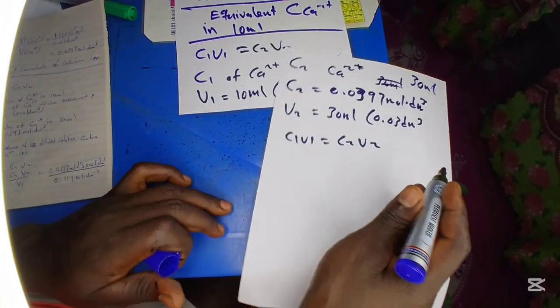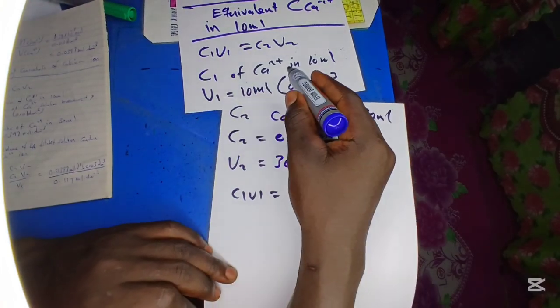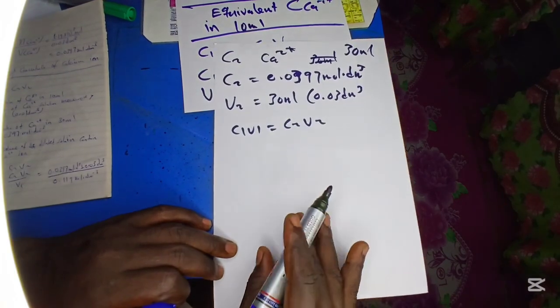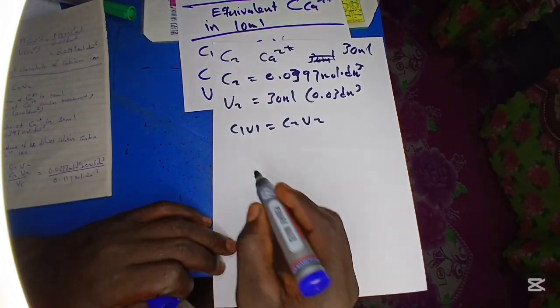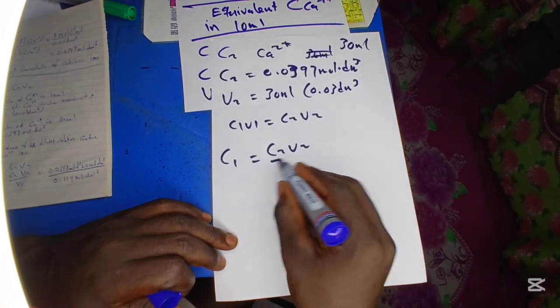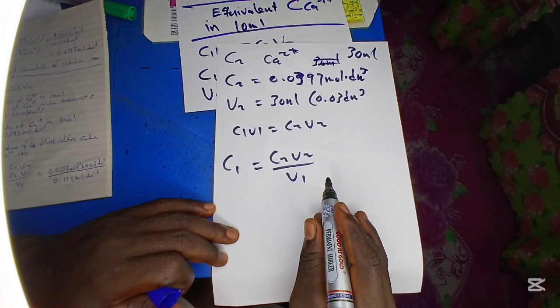So now our C1V1 equals C2V2. What we are looking for now is our C1, because that's the concentration of Ca2+ in the 10 ml solution. If we make C1 the subject, we get C2V2 all out of V1. So let's substitute the values into the equation.